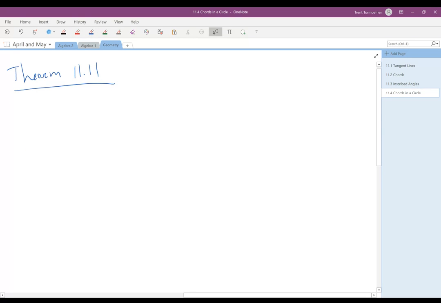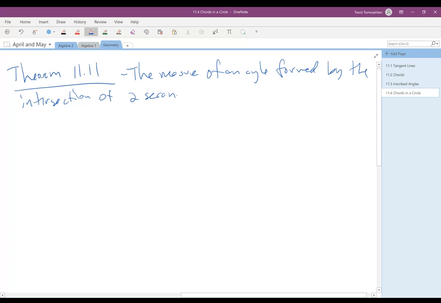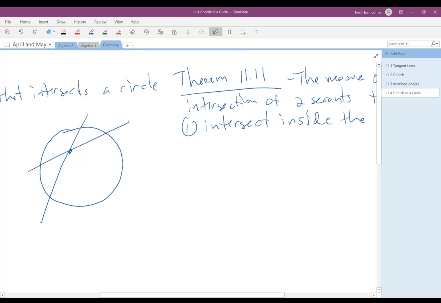The three parts are: the measure of an angle formed by the intersection of two secants, and then there are two possibilities. One, they intersect inside the circle. That's this case right here.